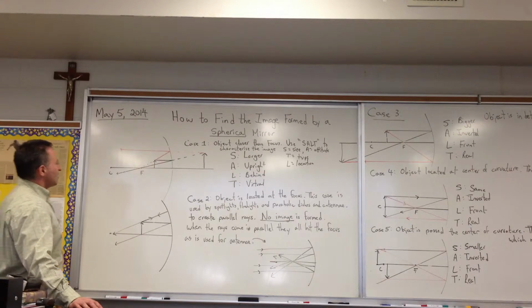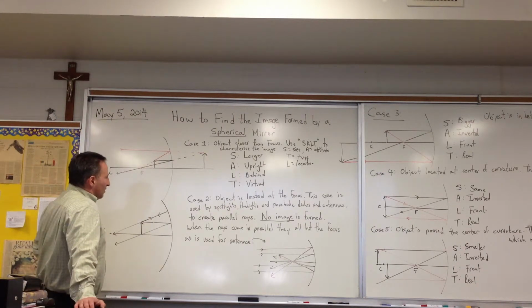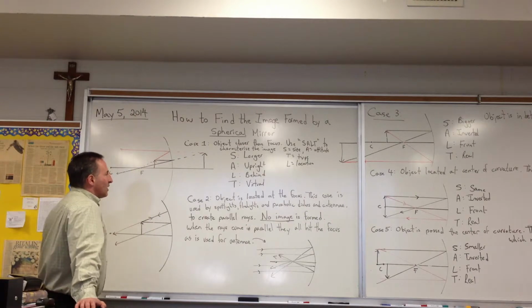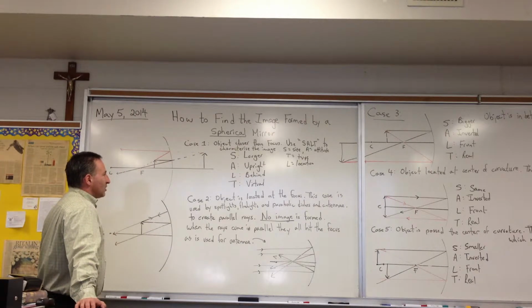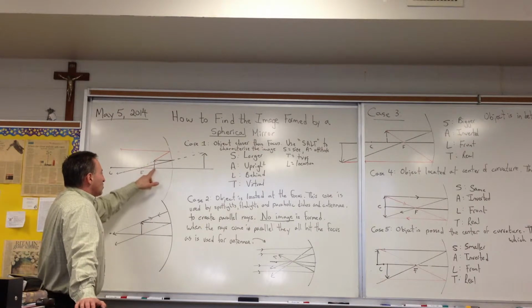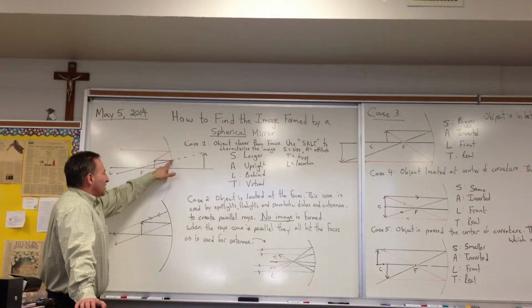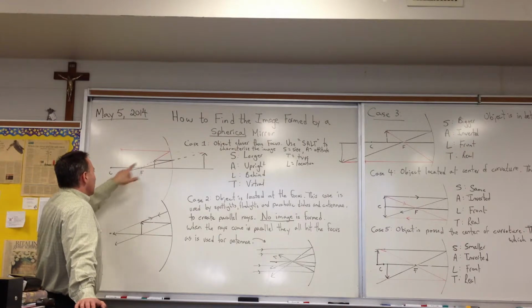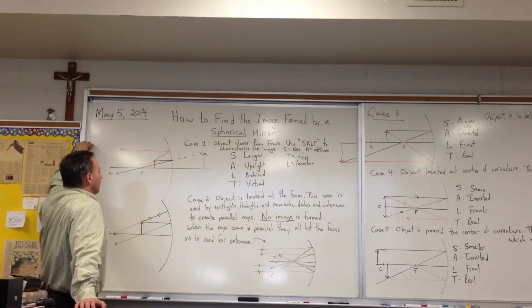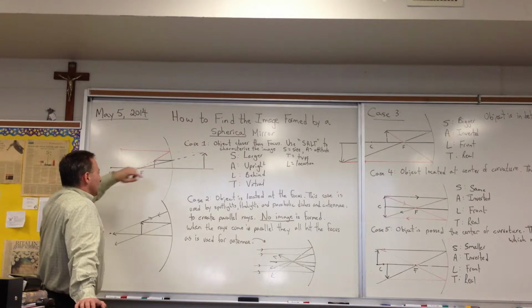In the first case, you would get the same behavior as you do with a shaving mirror that is used to magnify your face so you can see more clearly. We have the object placed closer than the focus, so the first ray hits the mirror and then comes back through the focus. The second ray goes straight to the mirror and then comes back parallel to the principal axis.